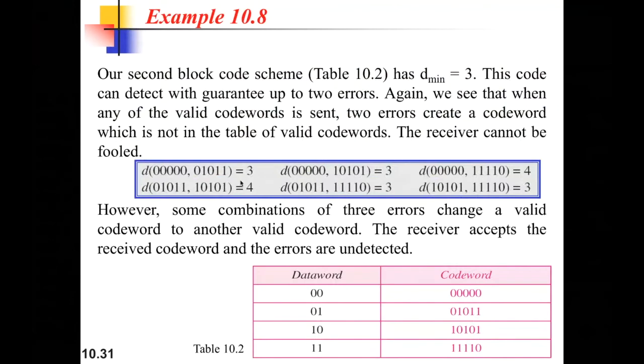Second example that we did before, the Hamming distances are 3, 3, 4, 4, 3, and 3. What is the minimum Hamming distance here? Salman, Abdullah, Hussein, Talal, others. What is the minimum Hamming distance of this example?